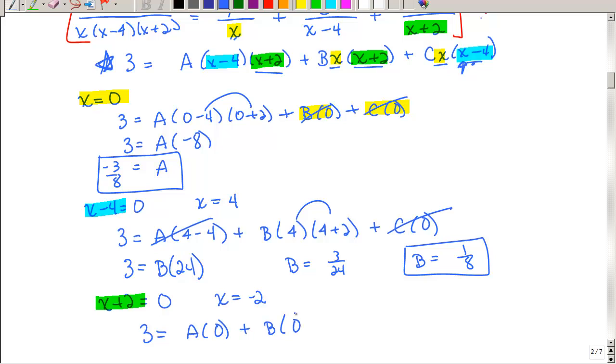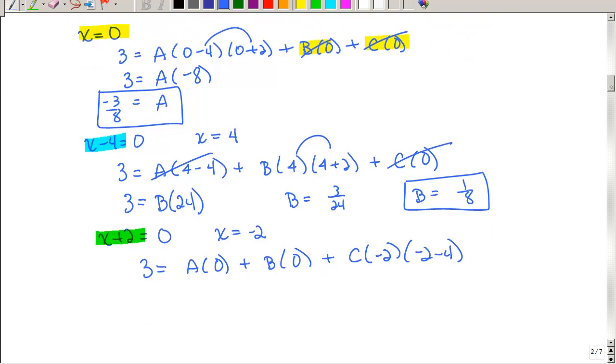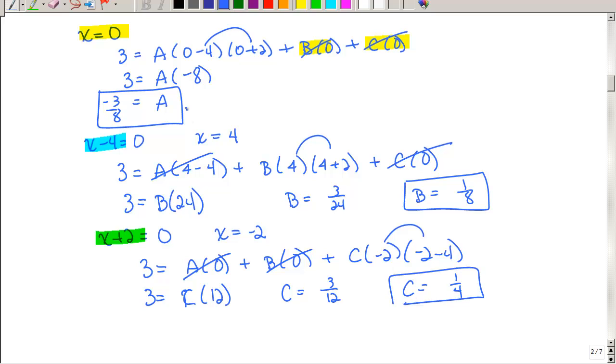I'm going to have b times 0, but c is going to be times negative 2 minus 4, let's see, that's negative 2 times negative 6, that's positive 12. So c equals 3 over 12, so c is 1/4. So I have my three constants, and if you stop right there, I would give you full credit.